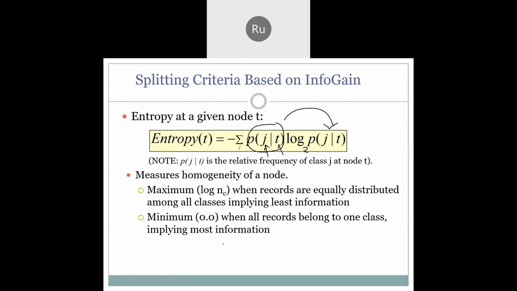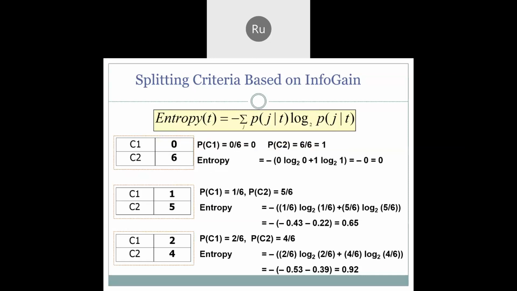Okay, so what we want to do is have the entropy be 0, because if we have 0, meaning that we have pure labels in each of the subsets. Let me give you one example here.